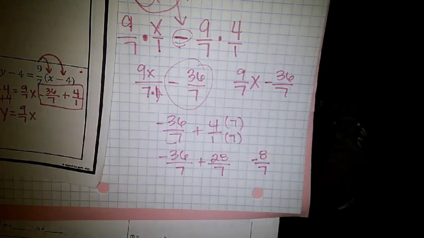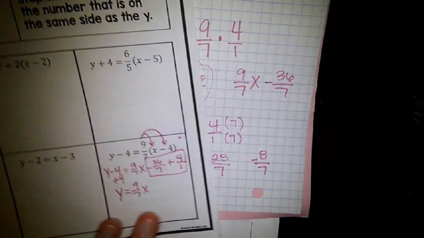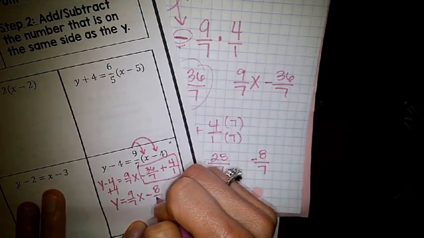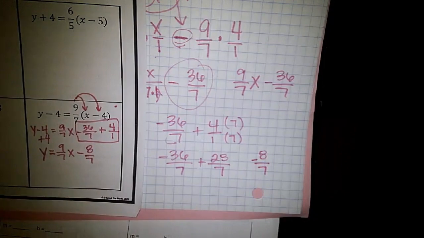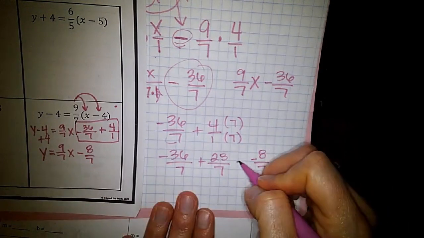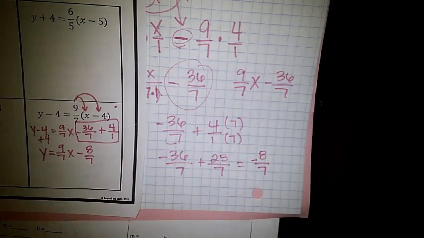Again, our goal is not to copy Ms. Gode. Our goal is to understand what we're doing. So, anybody not understand what we just did? Yes, ma'am. I don't understand this part? I added the denominator.